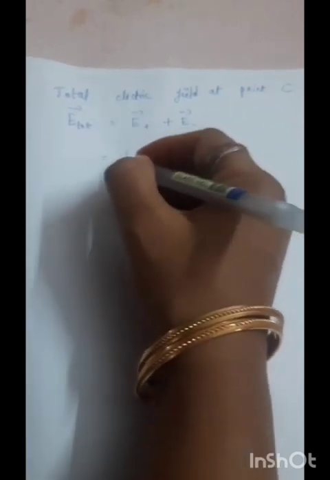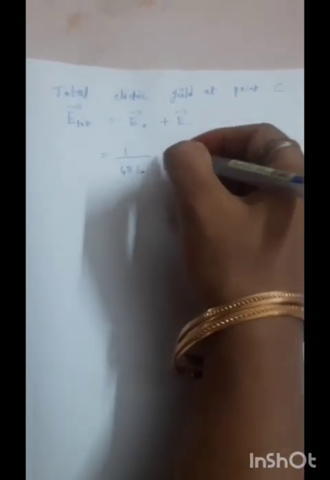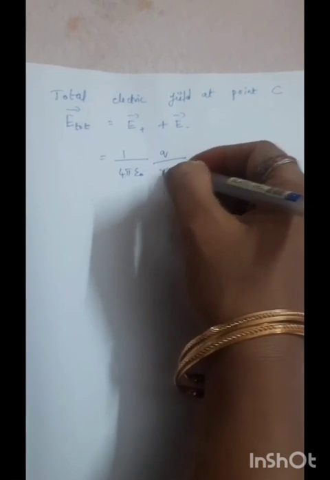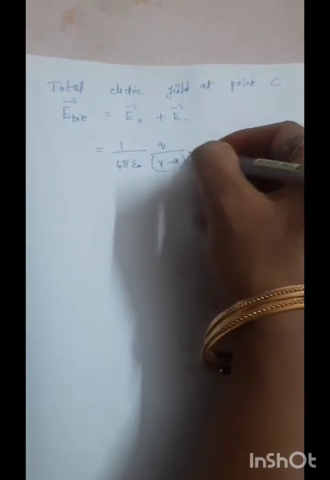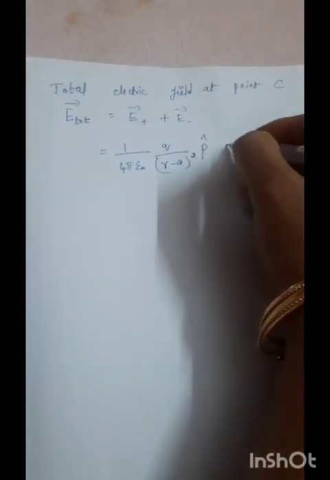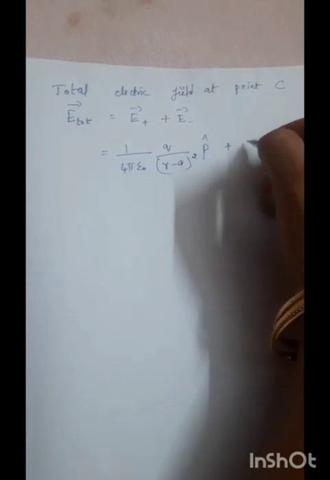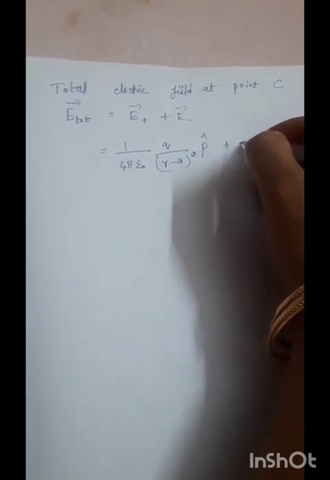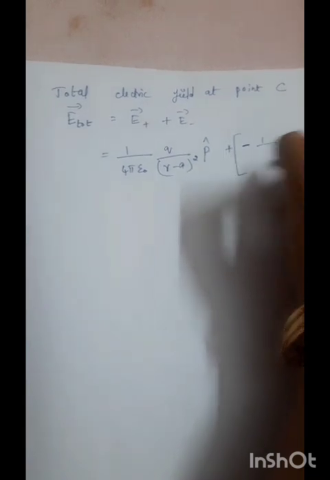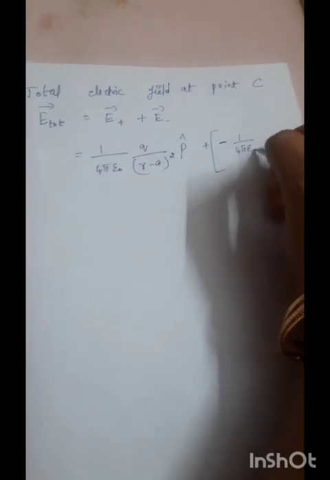Now substitute the values: 1 by 4 pi epsilon naught q by (r minus a) the whole square into p cap, again plus, but here it is a minus, isn't it? Minus of, you can put the bracket, 1 by 4 pi epsilon naught into q by (r plus a) the whole square into p cap.